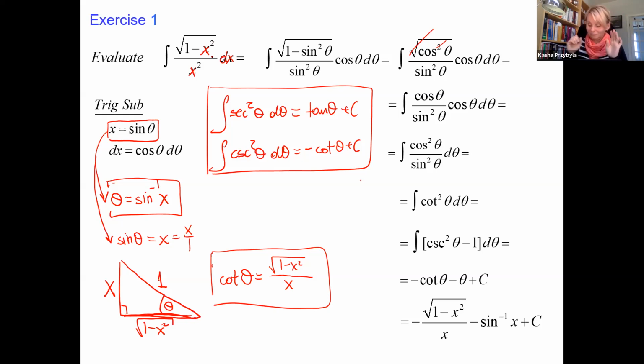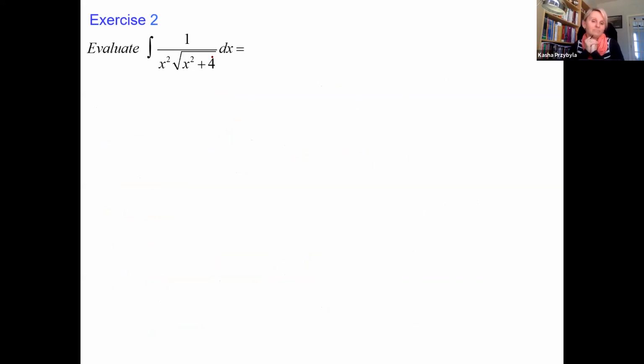Okay, let's keep working. Another integral: the integral of 1 over x squared times the square root of x squared plus 4.